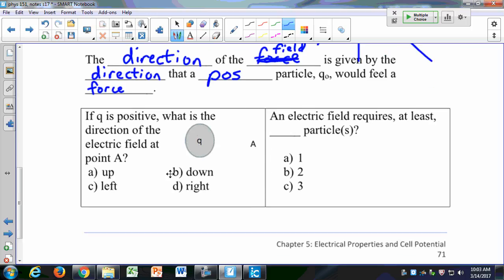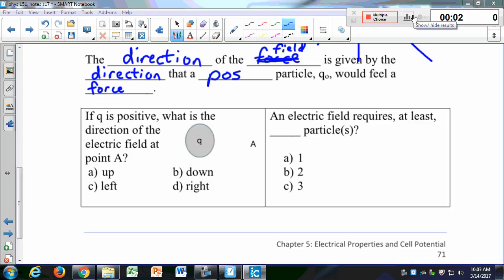All right, so let's try this, see if you can get this right. If Q is positive, what is the direction of the electric field at point A? Is it A up, B down, C left, or D right? Q is a positive charge.